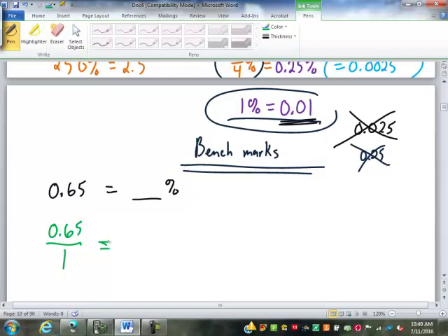Well, as a percent, what denominator does it have? 100. So to convert that to a percent, I have to multiply by 100 on top and bottom. So that's why when I go from a decimal to a percent, I am multiplying by 100, which means I'm just moving my decimal point 2 spots to the right. So 0.65 becomes 65%. Good.